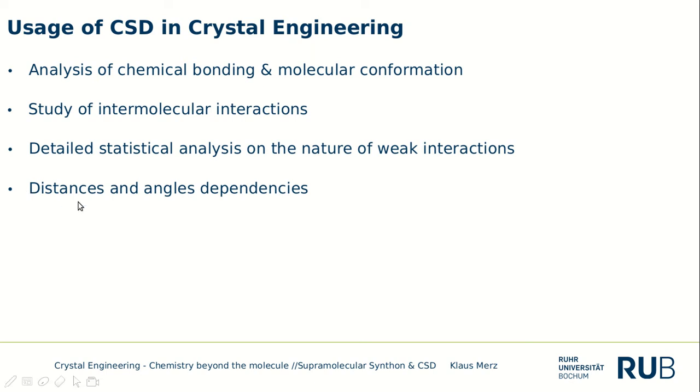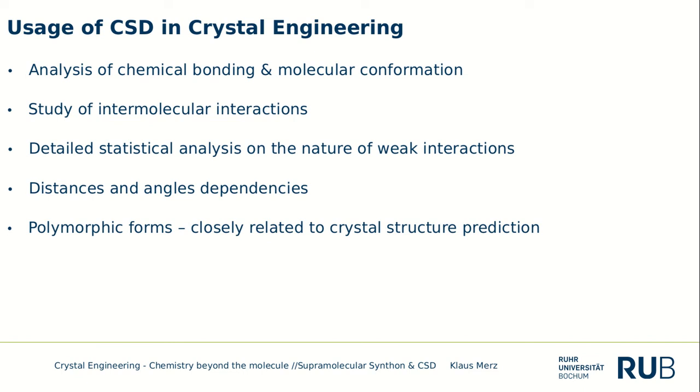You can look for dependencies of specially selected molecules. And you can look for polymorphic forms, closely related to crystal structure prediction. You remember in the first slides, first session, I said we'll have a look at polymorphic forms and we will look at crystal structure prediction too.